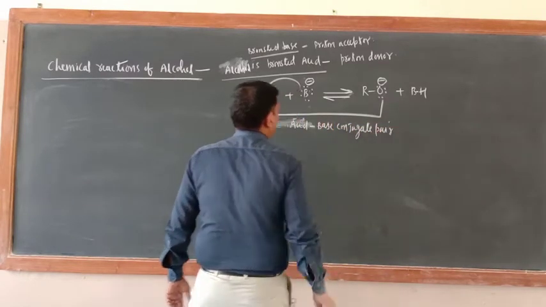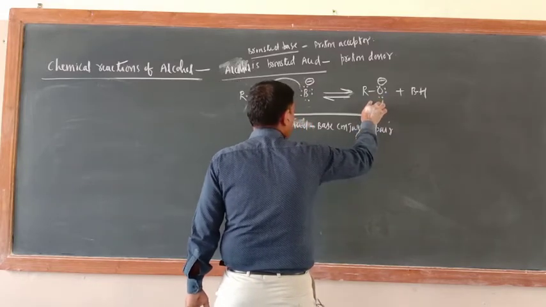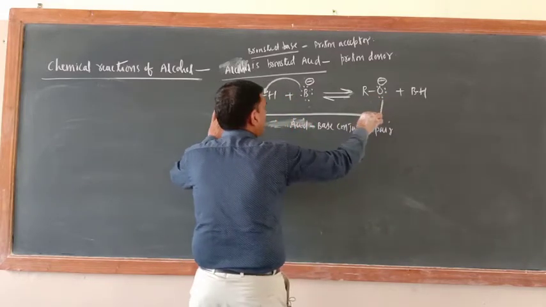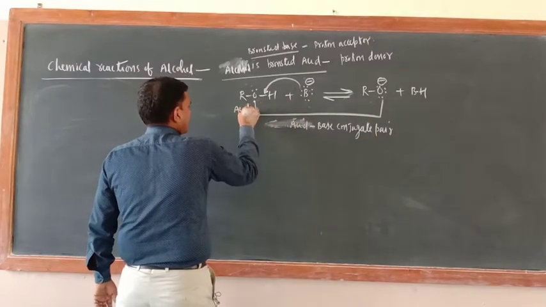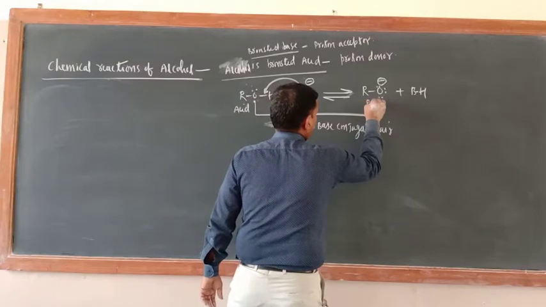Here this is less by one proton, and this is rich by one proton. So this is Bronsted acid, this is Bronsted base.